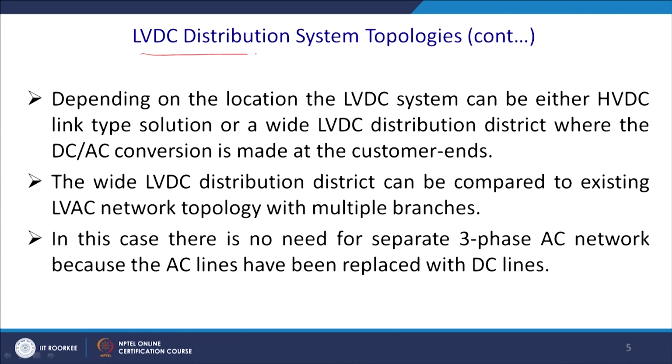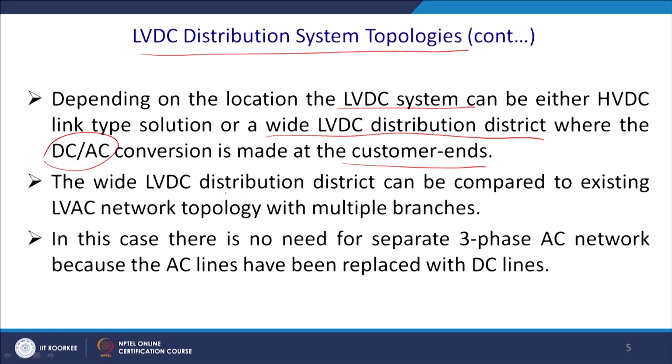So, LVDC distribution system topologies, depending on the location of the conversion, can be either LVDC link kind of solutions or a wide LVDC distribution district, where the DC-AC conversion is made at the consumer end. So, that is something we require to understand.